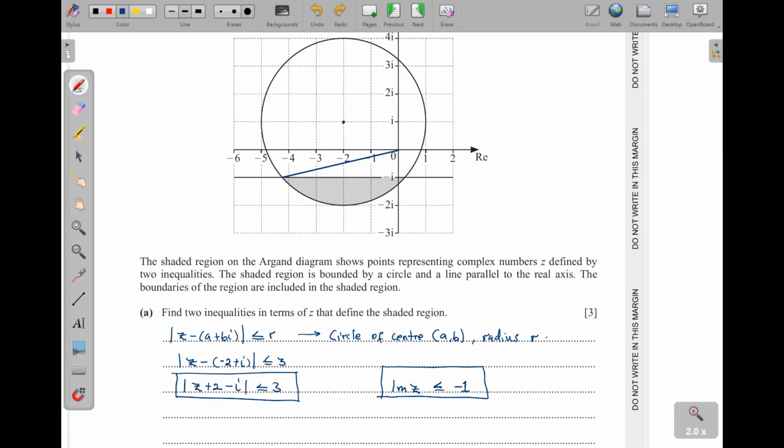Now, I need to find that point, but I don't know where these two are meeting. Since I don't know where these two are meeting, there are many ways you can do this. I can begin by connecting this point to the center here. Let me make it a little bit dotted.